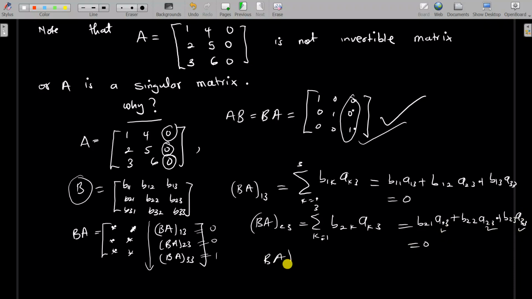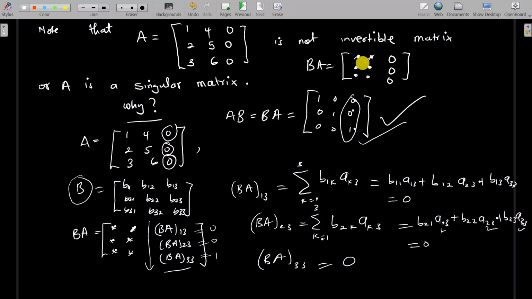If you do the same for the last one, (BA)33, that's also going to give you 0. So if I multiply these two matrices, BA is going to give me some square matrix with some entries here, I don't know, but 0 here, and 0 here.